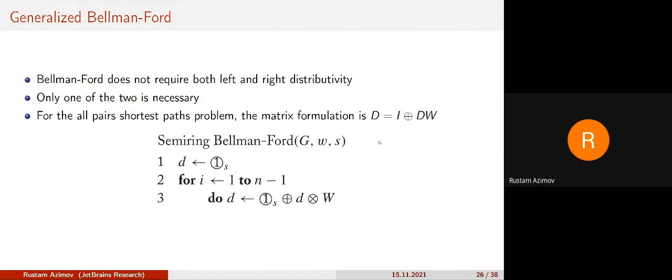For this algorithm, we don't need both left and right distributivity. Only one is required. And if you want to solve not a single source shortest path problem, but the all-pairs shortest path problem, we can do it using a different matrix equation.